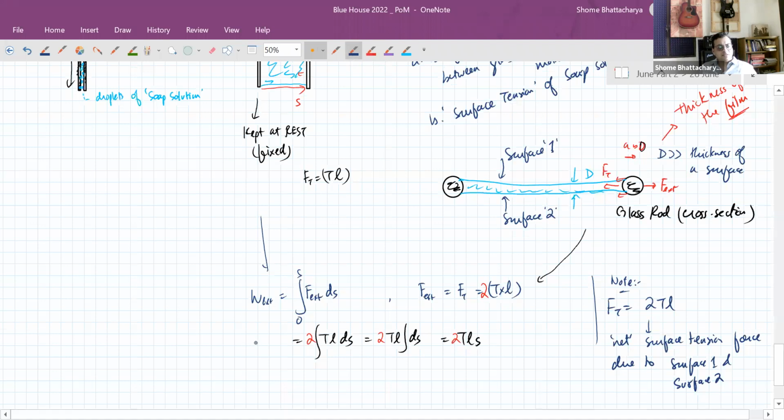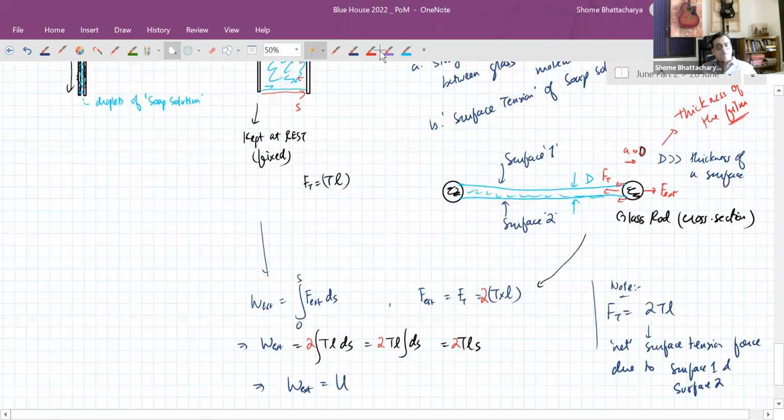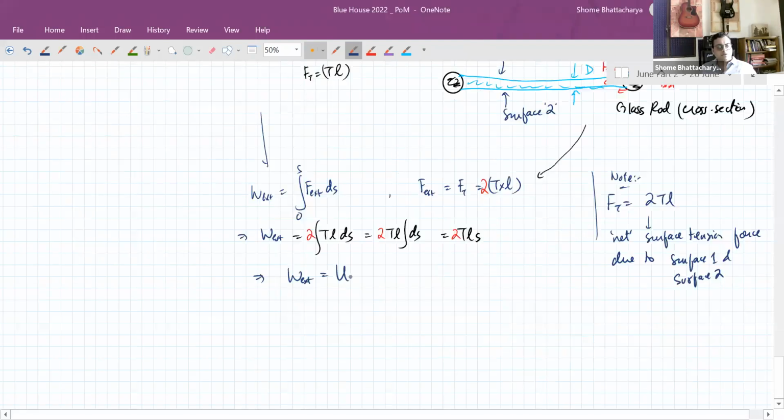So the work done by the external agent, which is equal to the surface energy stored in the system, equals this quantity.